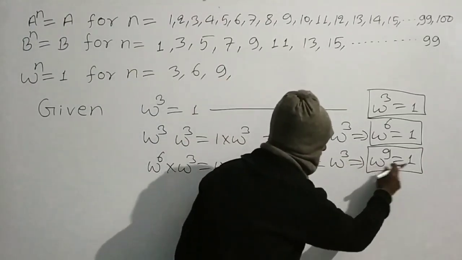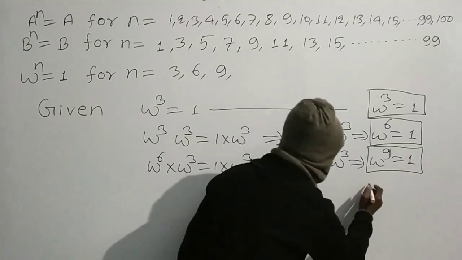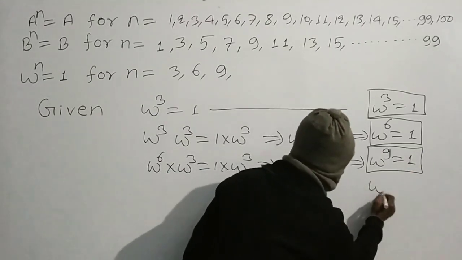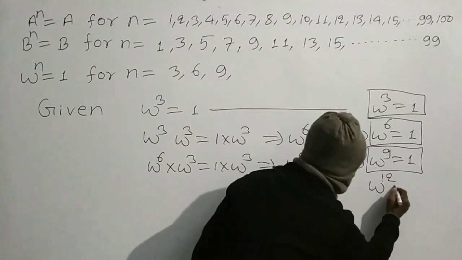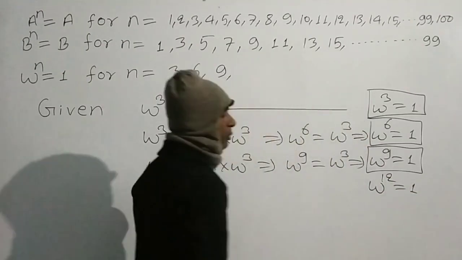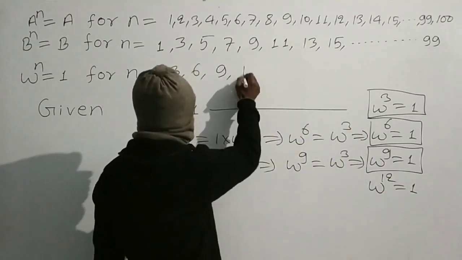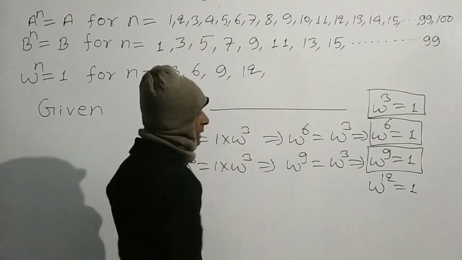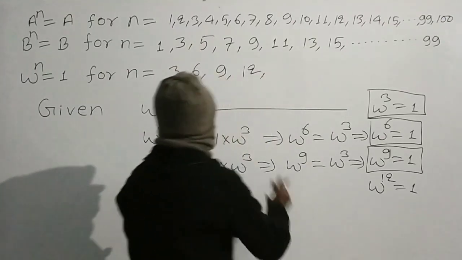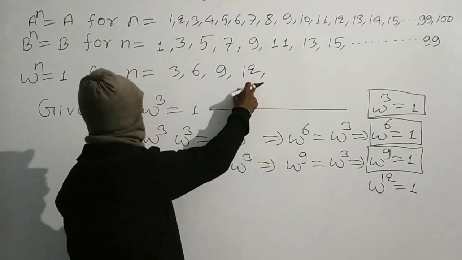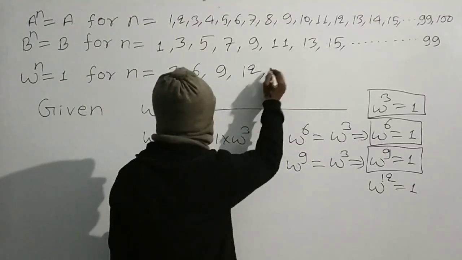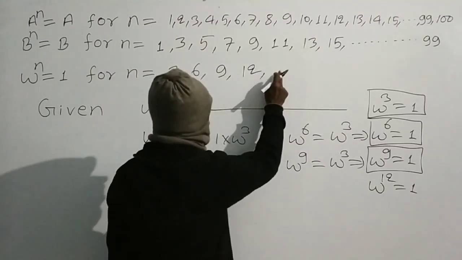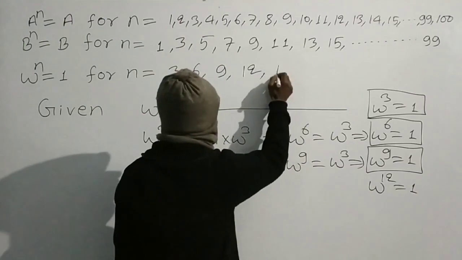Similarly, when we multiply both sides by omega cube, we get omega 12 equal to 1. That means 12 will also satisfy this equation. That means multiples of 3 will satisfy this equation. The next number will be 15.